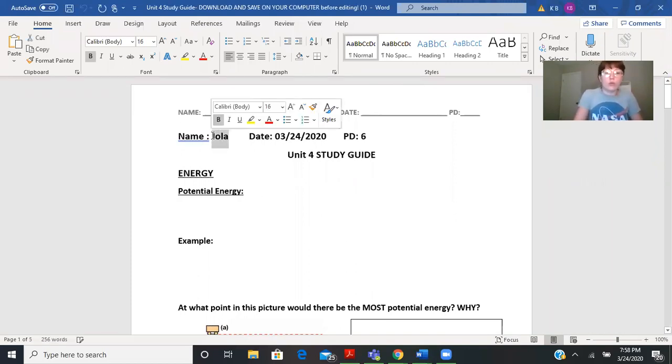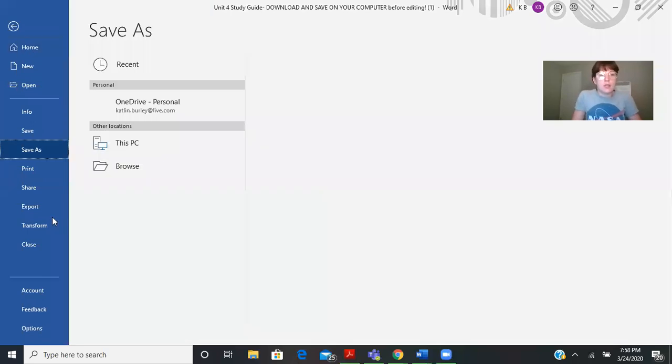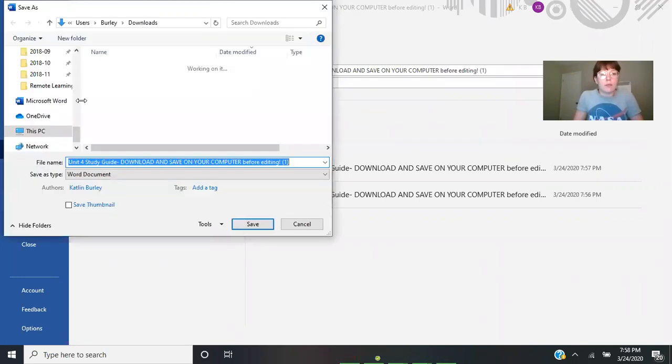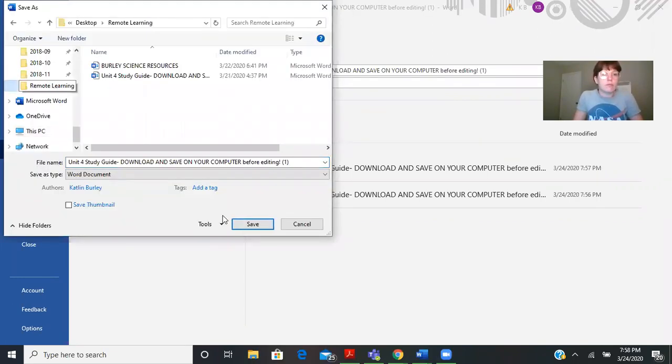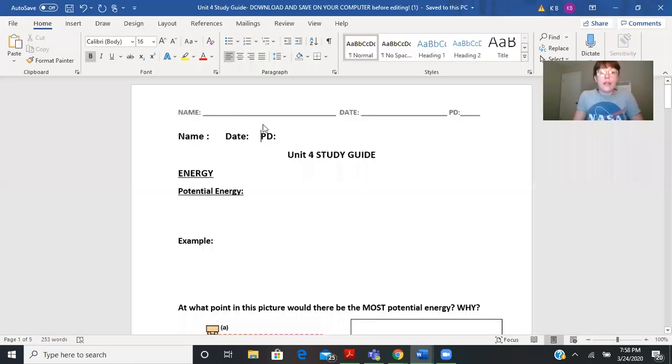Before you even edit it, I need you to go to file, save as, and then you might want to create a folder on your computer that says like remote learning, and then save it. So now it's going to be editing your document.